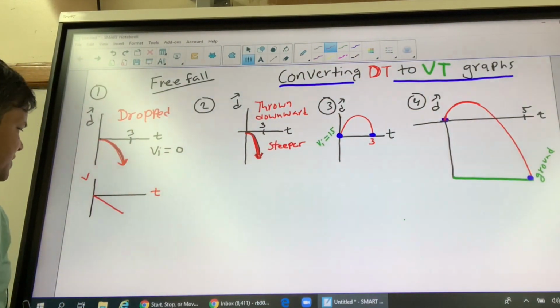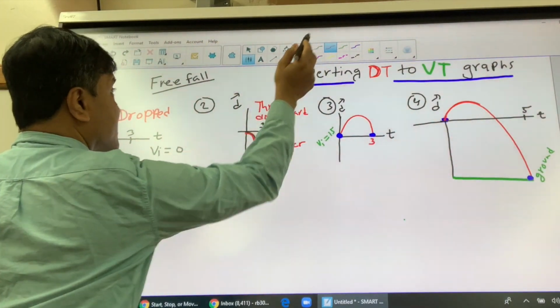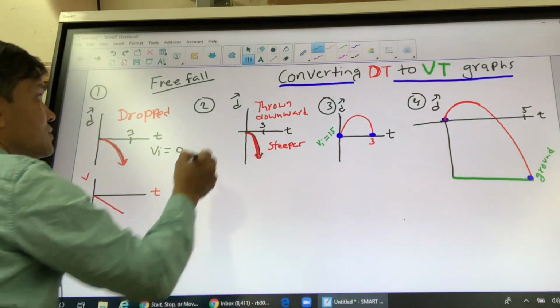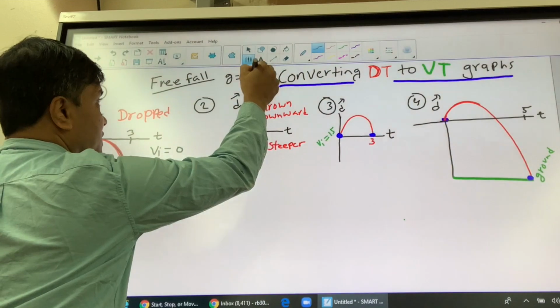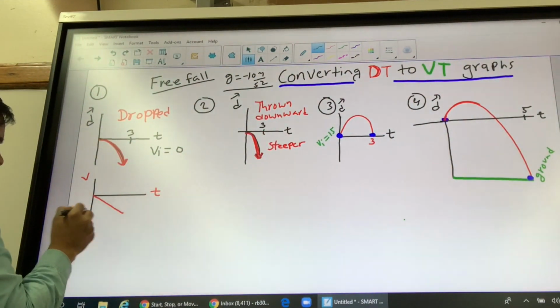Okay, we accomplished that. Now I also have to find the velocity right here. We're going to use g equal to -10 meters per second squared today. So the velocity must be -30.